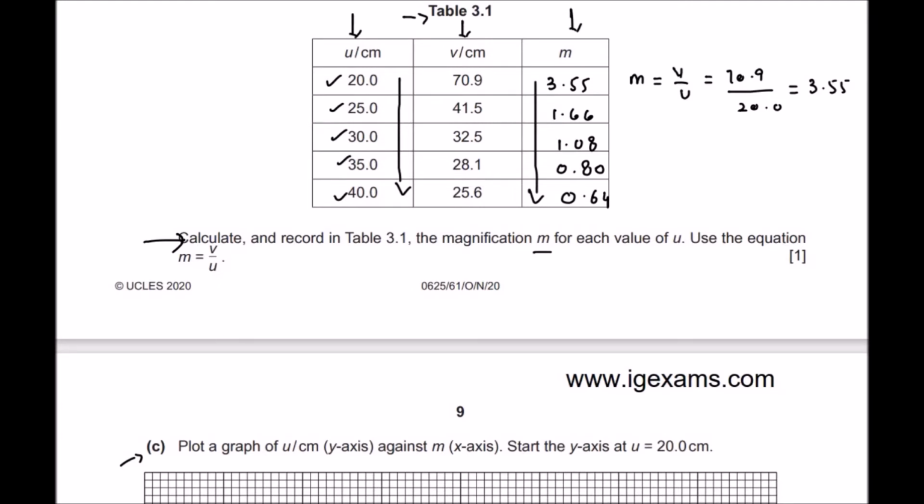For object distance u, look at the initial number, that is 20, and the final number is 40. So this is the range 20 to 40, and according to the range we draw a scale on the graph. For the magnification, look at what range we have. 3.55 is the maximum and the minimum is 0.64. So you can select the scale like this.